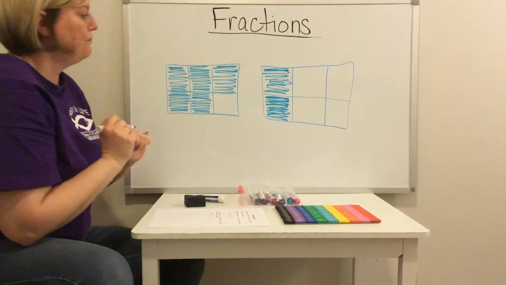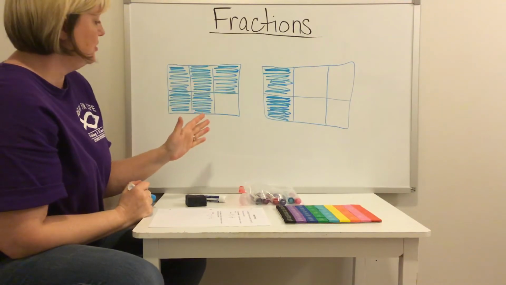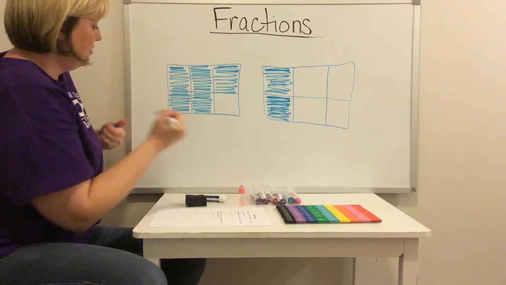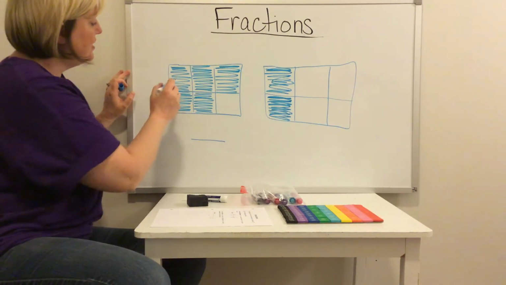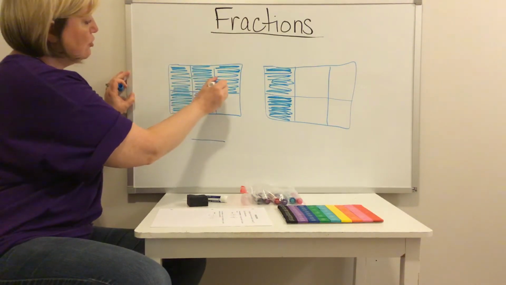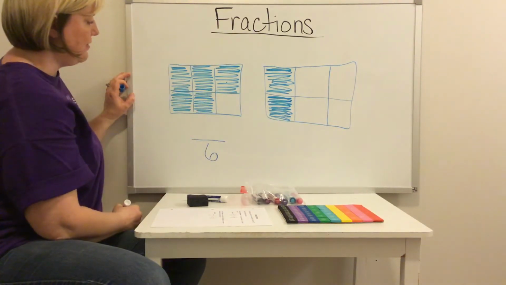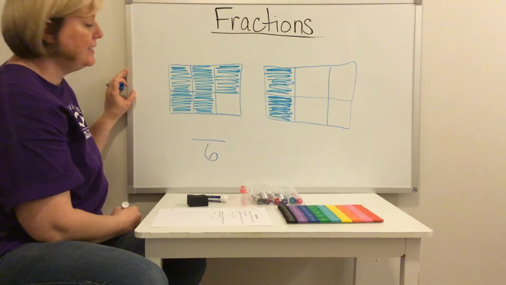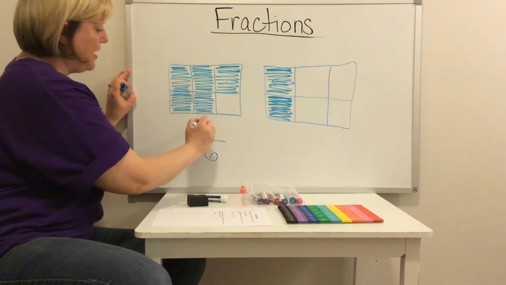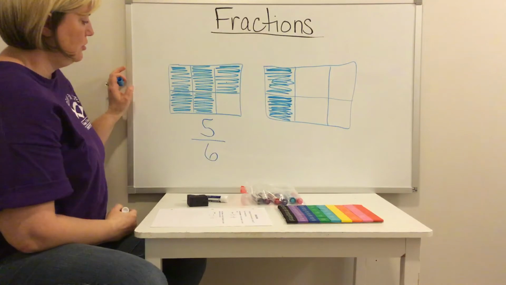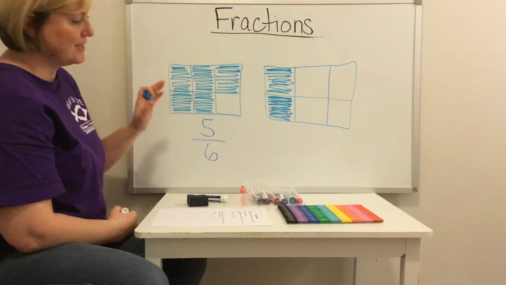Okay, so I want to find my fraction for each of these. All right, this one, my denominator is the number of total pieces it's divided into. 1, 2, 3, 4, 5, 6 pieces. And then I'm going to look at how many are shaded in for my numerator. 1, 2, 3, 4, 5. So the fraction for the shaded area of this figure is 5/6.